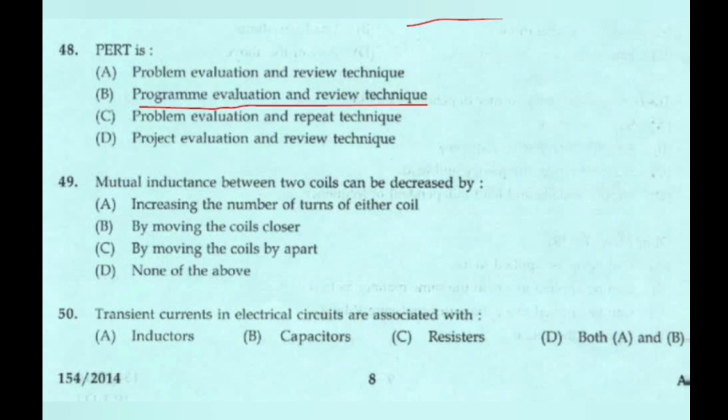Question number 49. Mutual inductance between two coils can be decreased by. Answer is option C, by moving the coils apart.